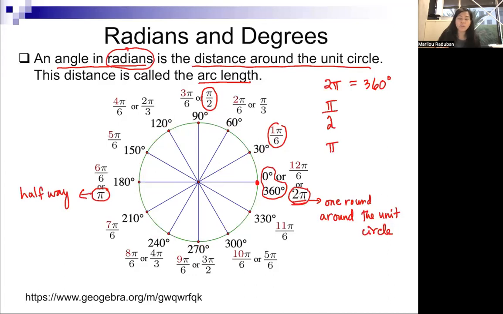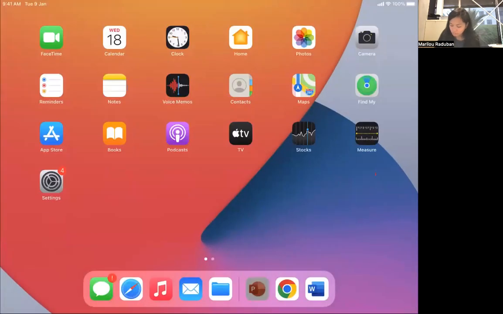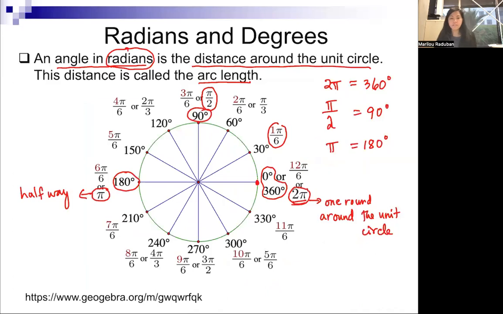That's one round around the circle. Halfway, pi, is equivalent to 180 degrees, and pi over 2, a quarter of the way, is equivalent to 90 degrees.